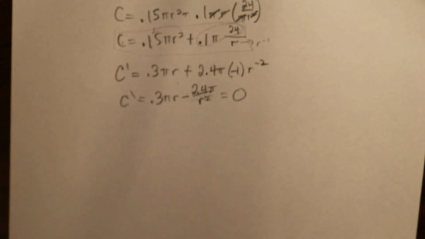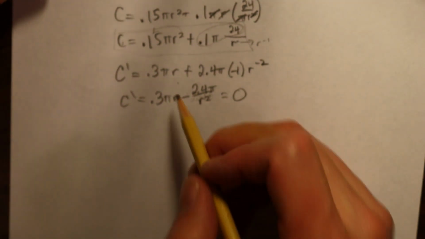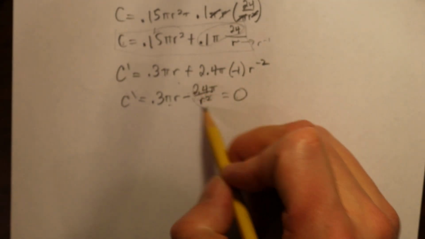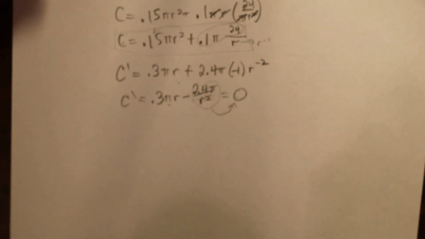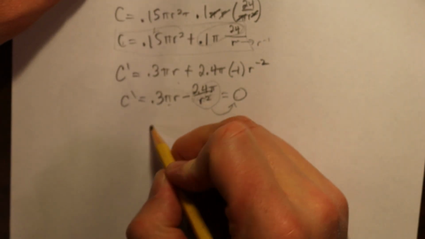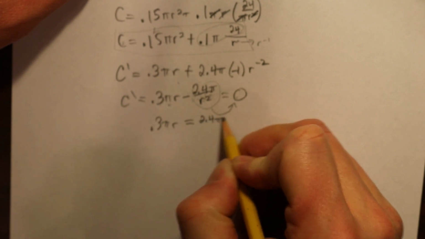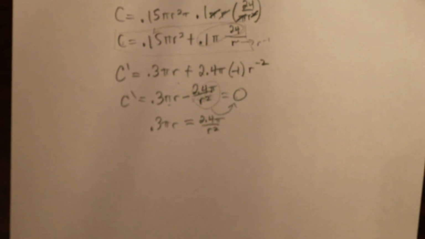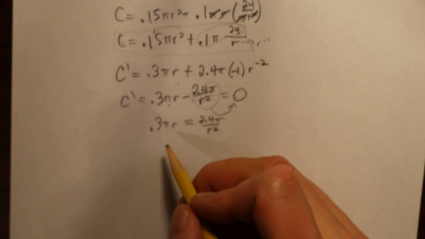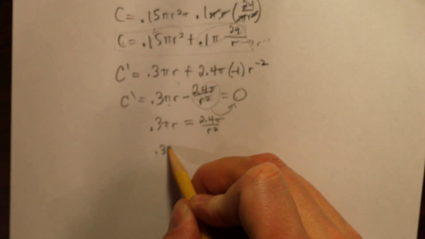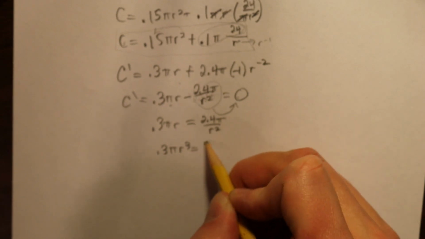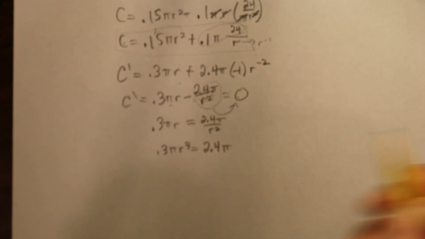I'm going to force it to equal 0. When you've got two terms that equal 0, it's convenient often to just slide one term over to the other side and set the two things equal. If I cross multiply, I get 0.3 pi r cubed equals 2.4 pi.